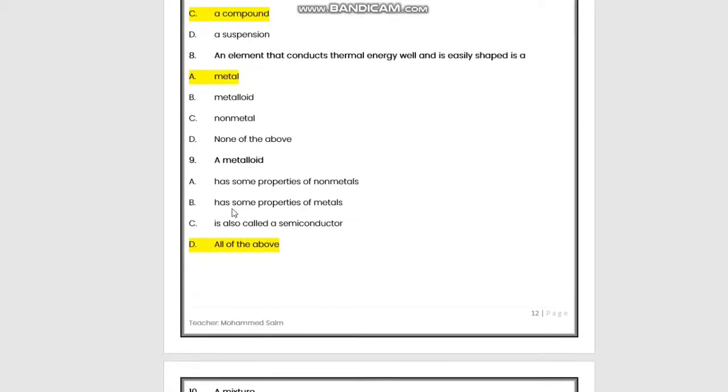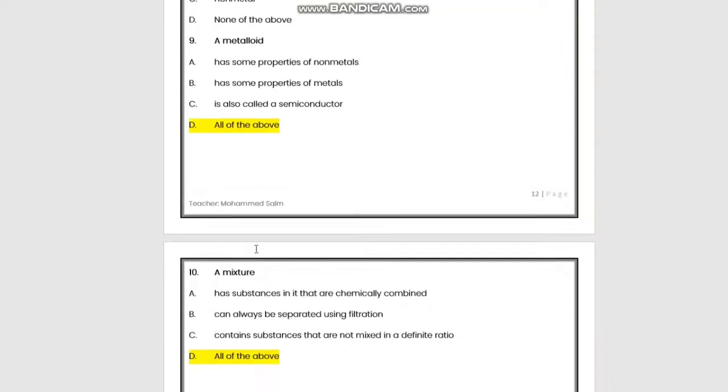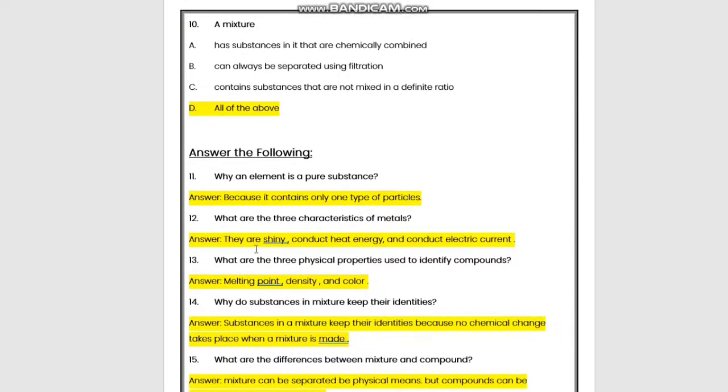A metalloid has some properties of nonmetals, has some properties of metals, is also called a semiconductor, and of course all of the above, all of them are correct. A mixture has substances in it that are chemically combined, can always be separated using filtration, contains substances that are not mixed in a definite ratio. All of the above, of course, all of the above is correct.